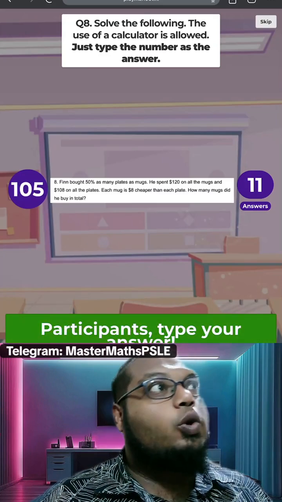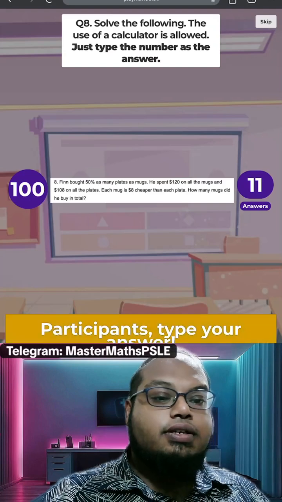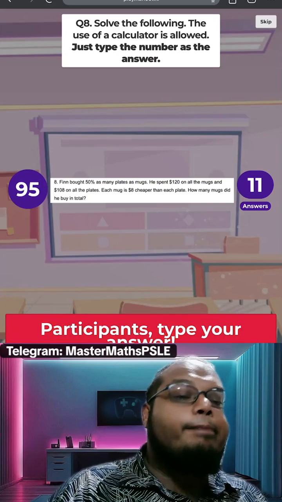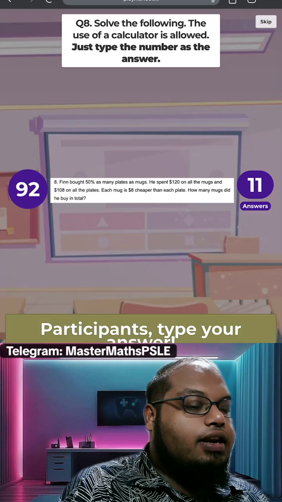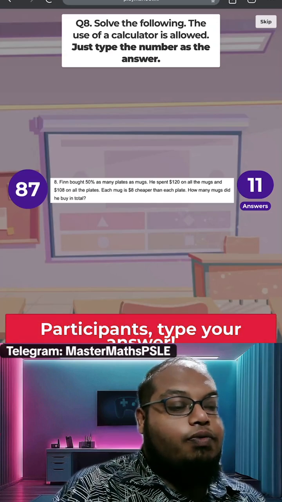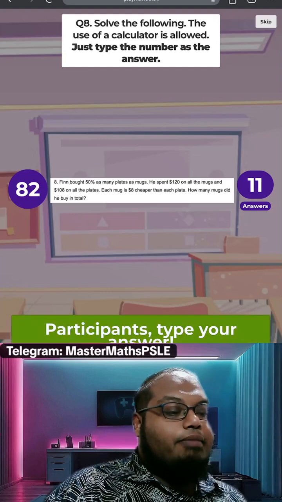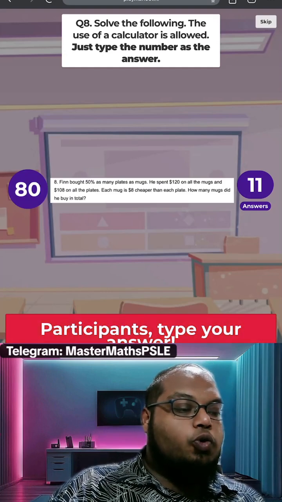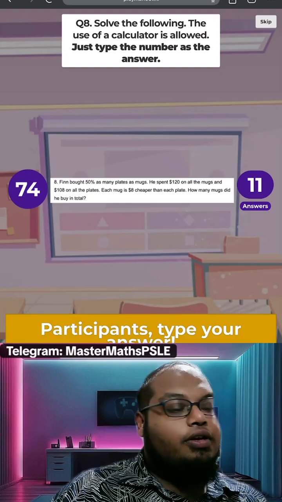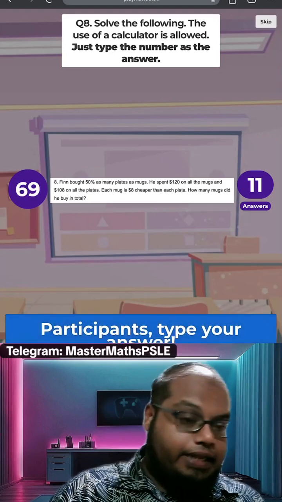So you need to know, in terms of comparison, how many times or how much more plates did he buy than the marks, or are the marks more than the plates? Then after that you can find a way to make the quantities the same, and also find the amount he spent on an equal number of plates and marks. Then you also have the comparison for each mark and each plate. Using that you can already find the number of marks or the number of plates.